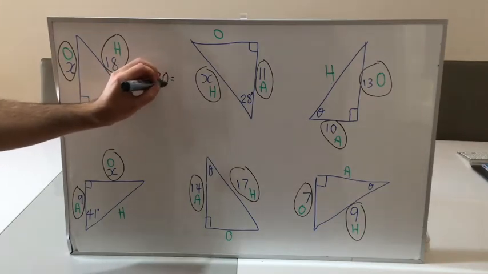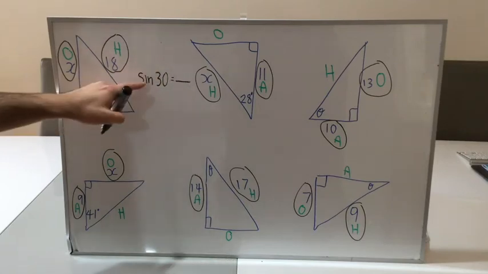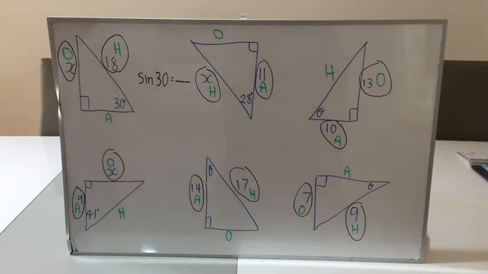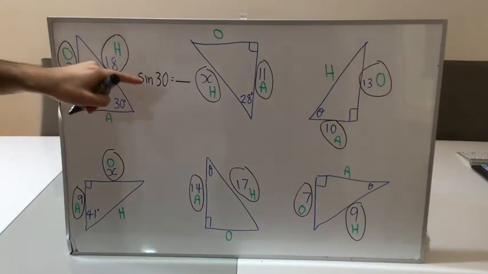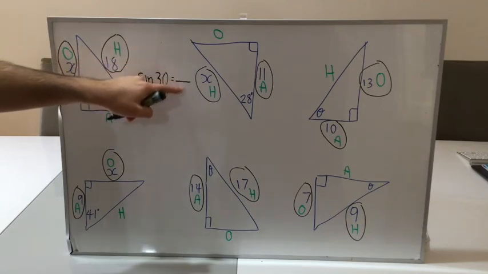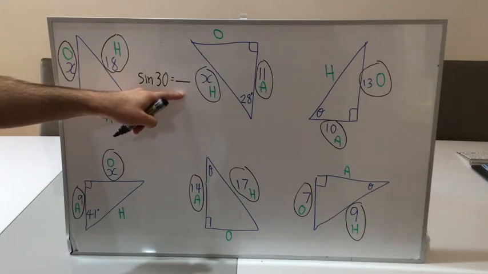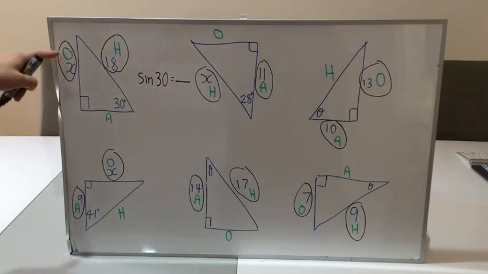Then you'll put an equals. And next to it you're going to put a fraction. And this is where the O and the H part come in handy. So because it said SOH, S-O-H, but instead of putting the green O and the H here, put the numbers that are in its circle there instead.